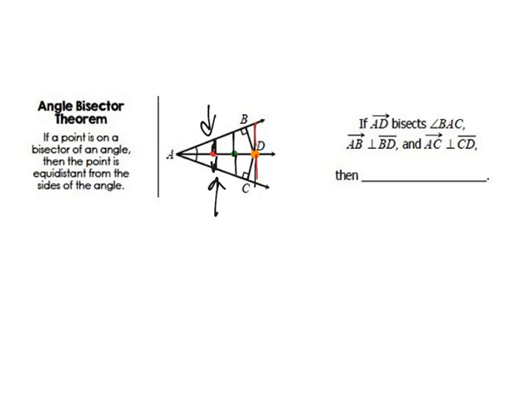I'm going to point that out in red so you can see the distances would be equal all the way through. So in this case we have a statement we can make: if AD, the bisector here, bisects angle BAC, then AB is perpendicular to BD.